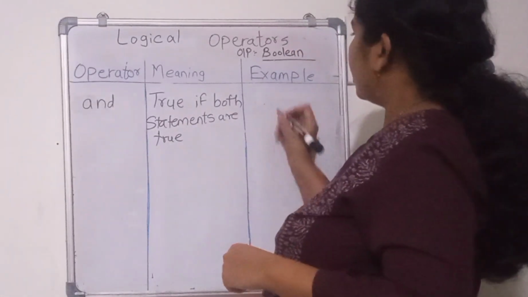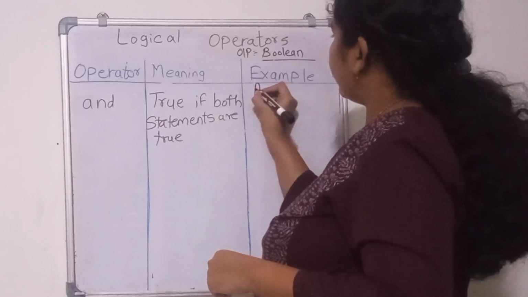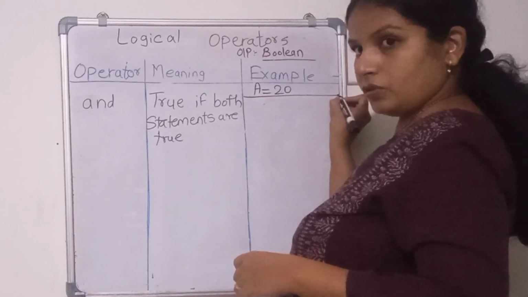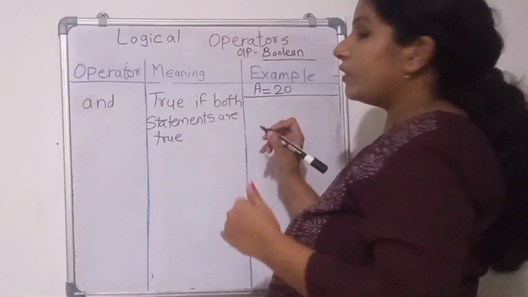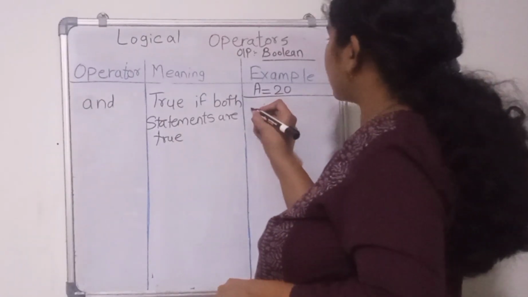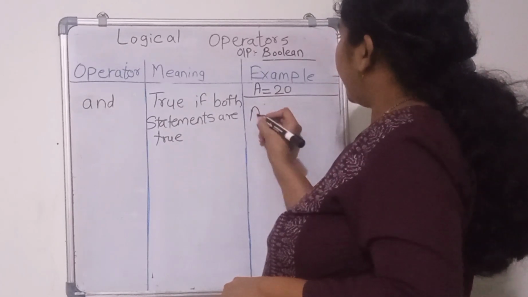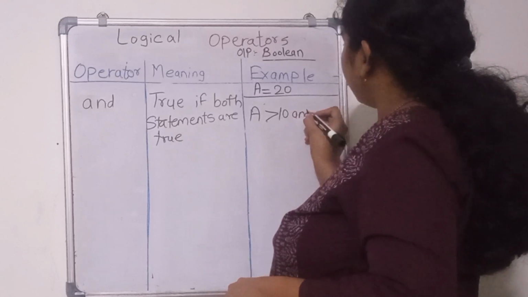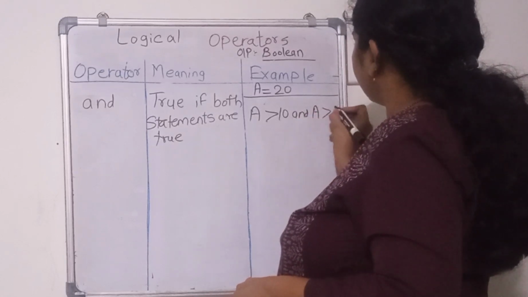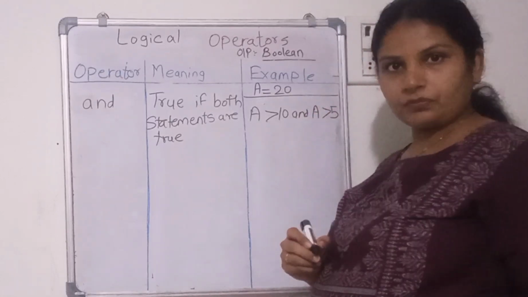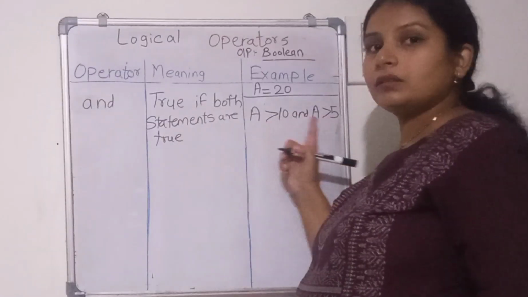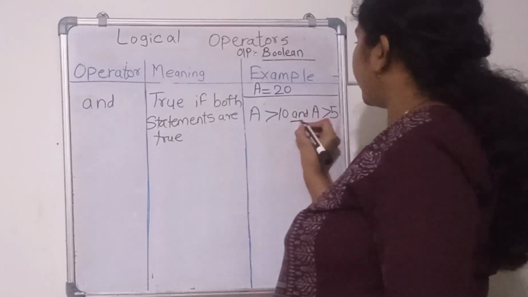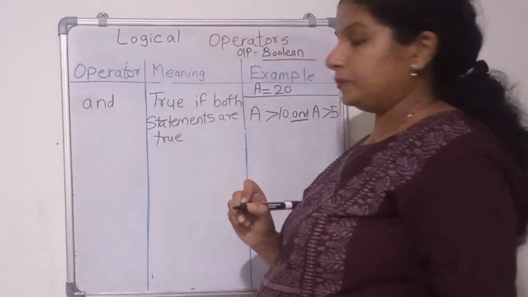Example we can take, suppose here we are taking the a value is 20. In this we are combining two expressions using the comparison operator: a is greater than 10 and a is greater than 5. These two are the expressions, comparison statements, and here we are using the and operator.